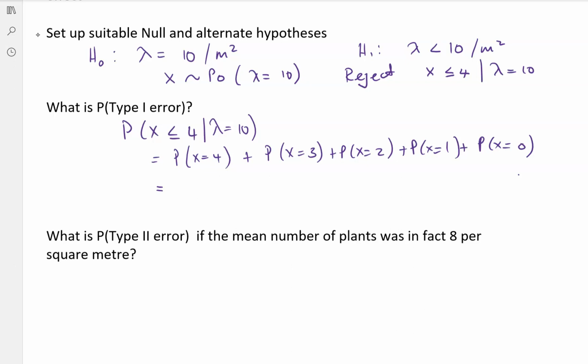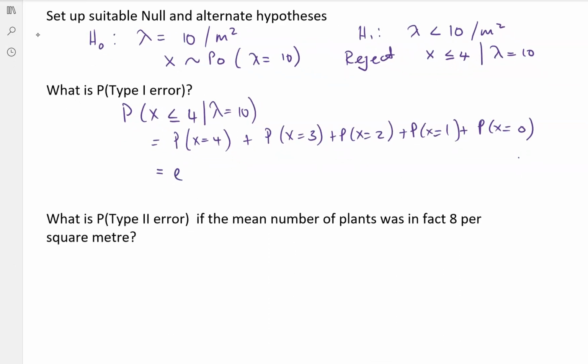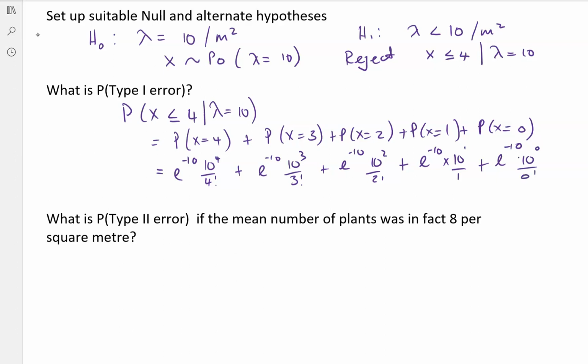Figuring that out, this is e to the power minus 10 times 10 to the power 4 over 4 factorial, plus e to the minus 10 times 10 cubed over 3 factorial, plus e to the minus 10 times 10 squared over 2 factorial, plus e to the minus 10 times 10 to the power 1 over 1 factorial, plus e to the minus 10 times 10 to the power 0 over 0 factorial.